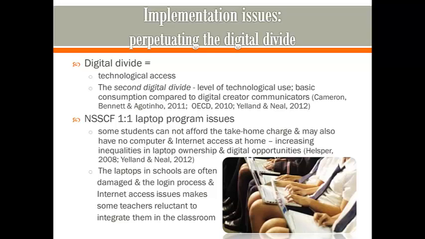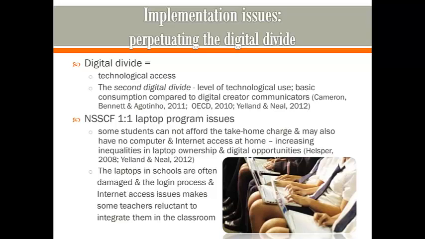The other problem is that to still have that one-to-one aspect of laptop access, schools made sure that there were laptops at school. So if students couldn't afford to take them home, they could still access laptops at school. The problem with that is that there was no personal individual ownership for these laptops anymore, and in my experience I've seen a lot of damaged computers.